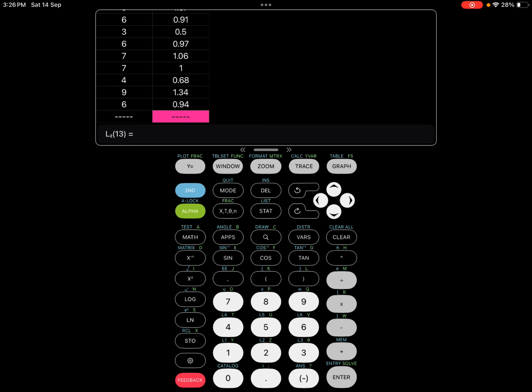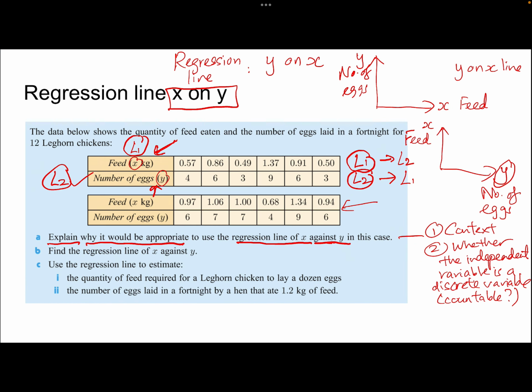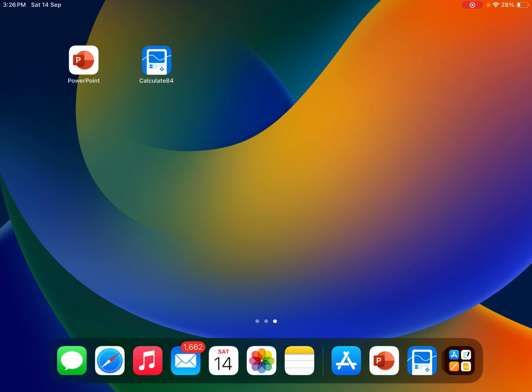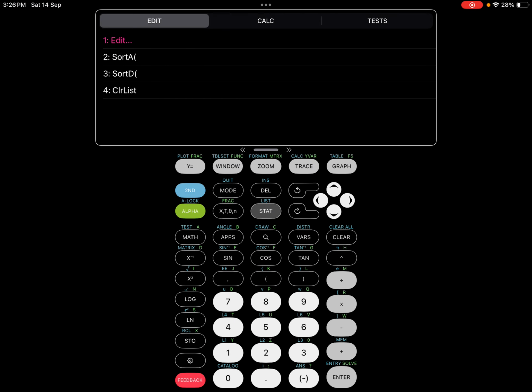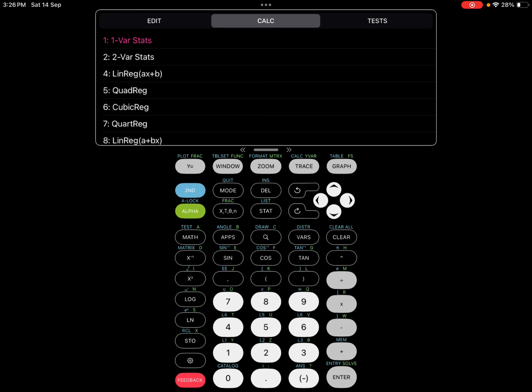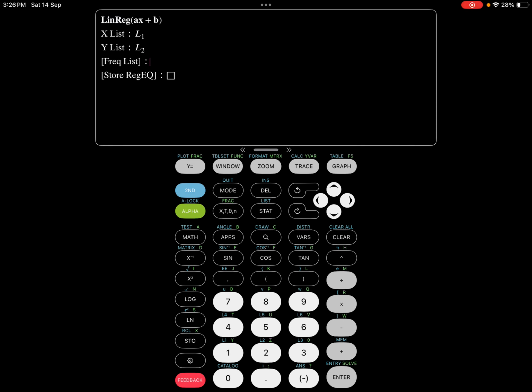Now, just to go back to what we're supposed to do, we're supposed to find the regression line of x against y. So we're going to find the equation by doing the exact same steps. We're going to go to stat, go to calc. We still choose option 4, nothing changes. It's still going to be L1 and L2. Now remember, the x list is now the number of eggs, and the y list is actually the feed.